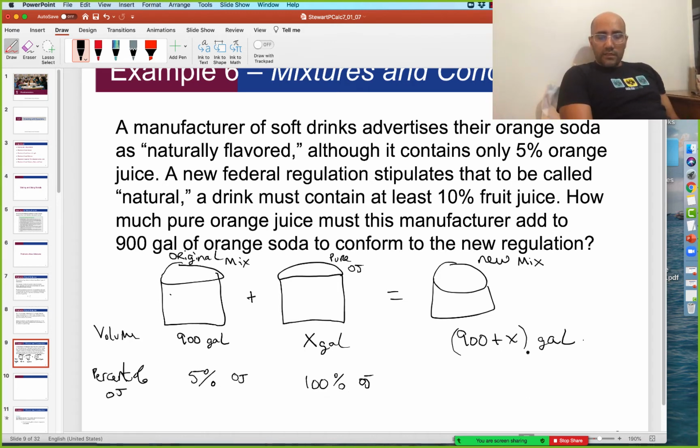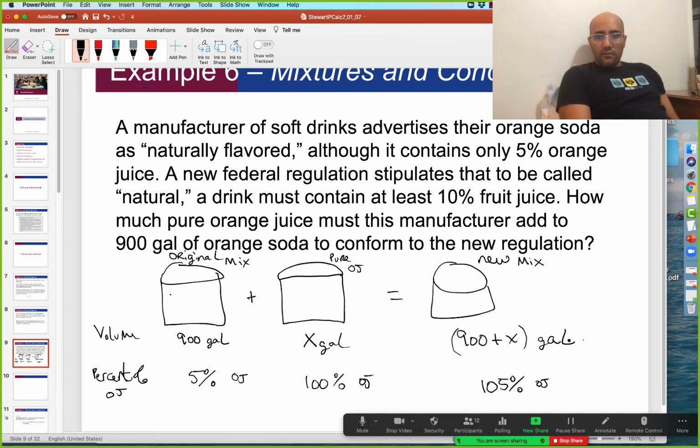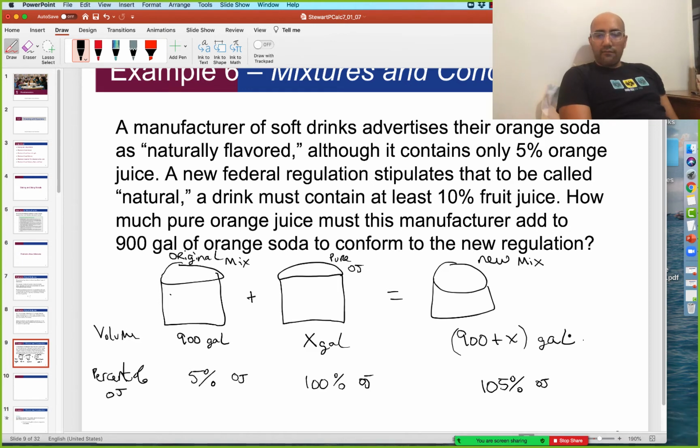And I don't know what this is, but it should be clear that it doesn't make sense to add them together, right? Because if we just add them together, that would mean that the final mixture is 105% OJ, right? Hopefully it makes sense that that's nonsense, right? You can't have 105% orange juice.